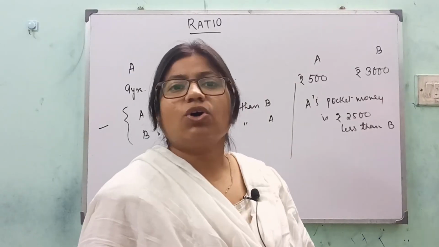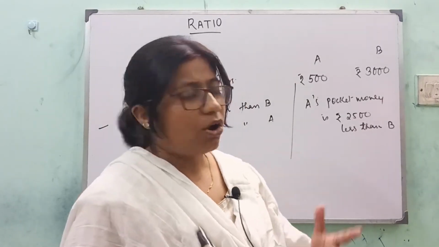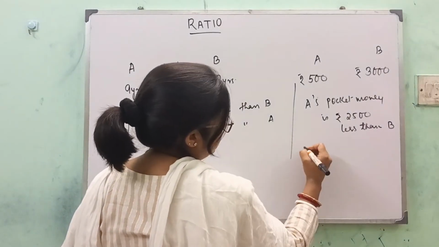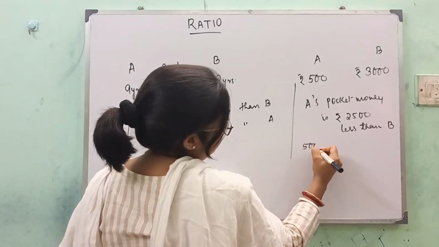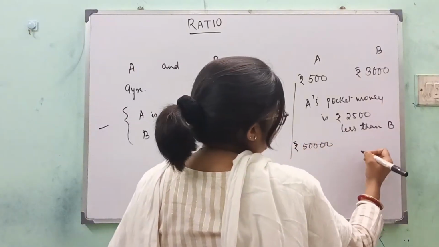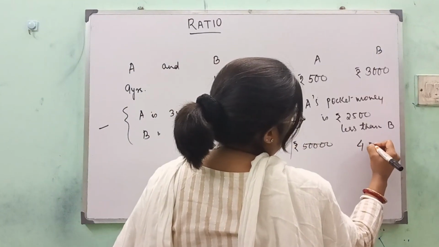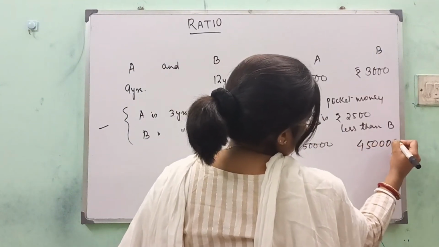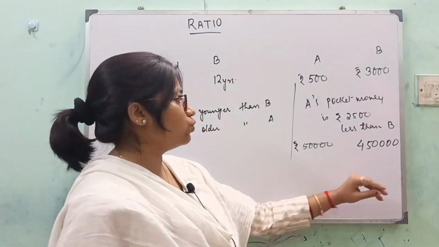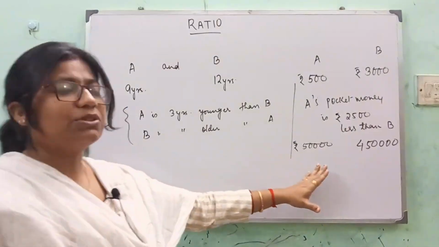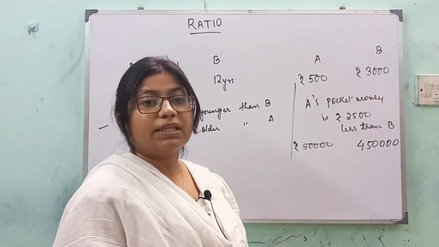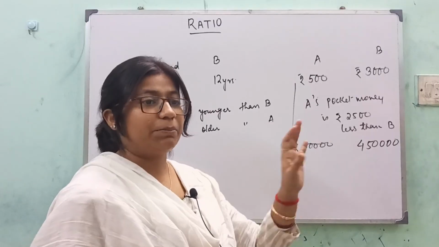Let's say a scooter's cost is rupees 50,000 and a car's cost is rupees 4,50,000. If I say compare the price of these two, subtraction is not a very good or proper way to compare the prices.